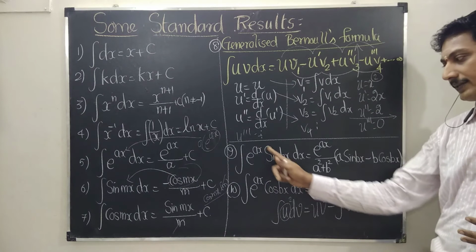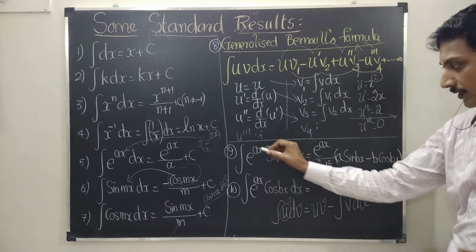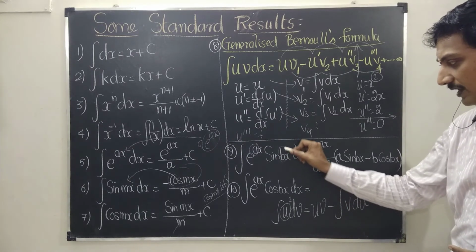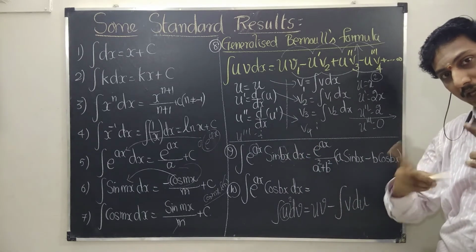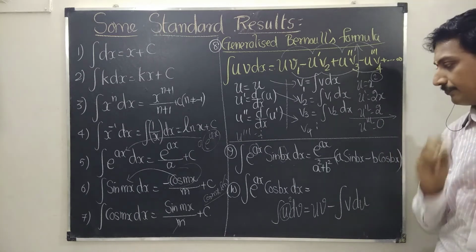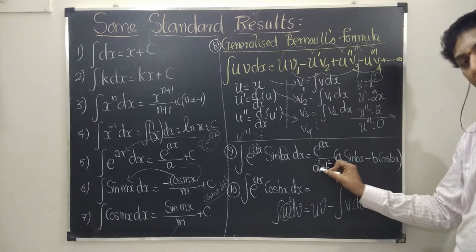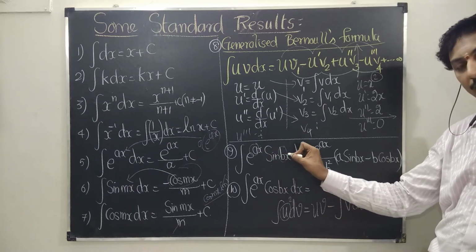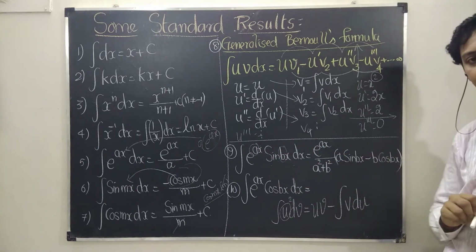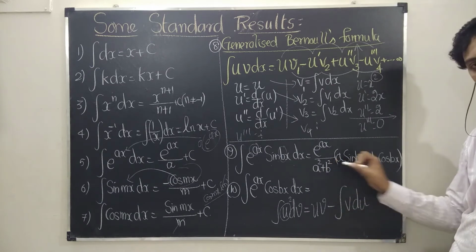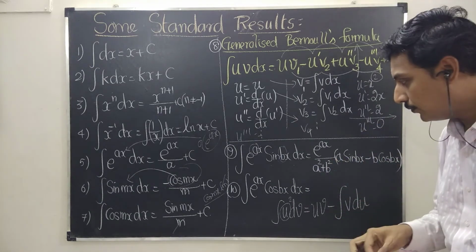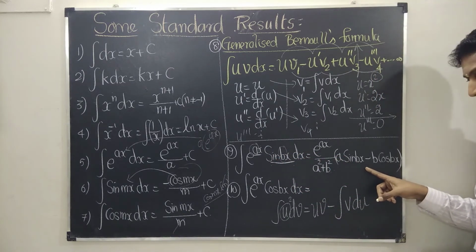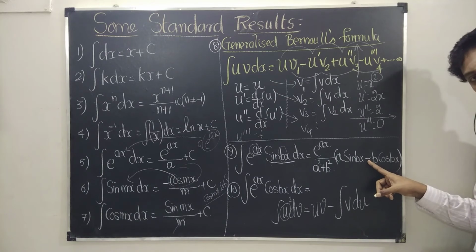Integral e to the power ax sin bx dx. Here a is the coefficient of x in the exponential term, b is the coefficient of x in the trigonometric term. So using both a and b, this is equal to e to the power ax divided by the sum of the squares of the coefficients, a squared plus b squared, into a sin bx minus.